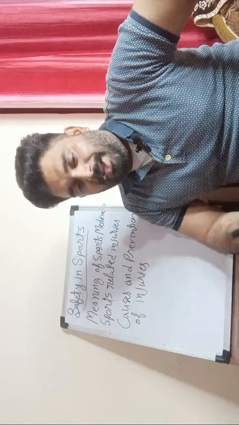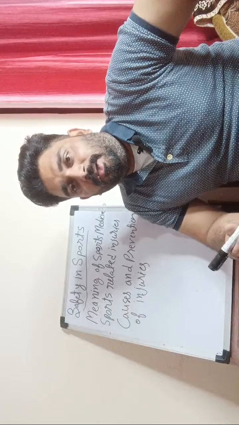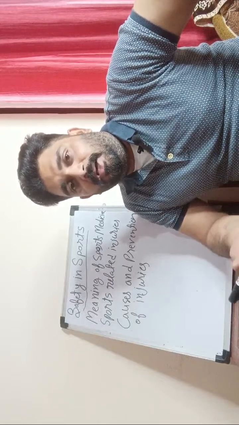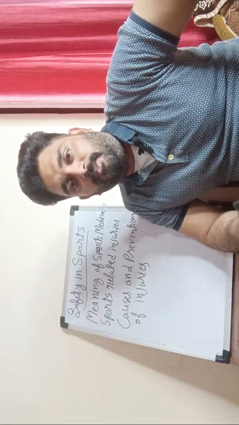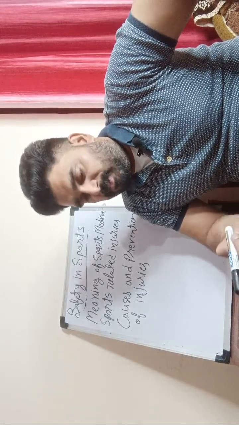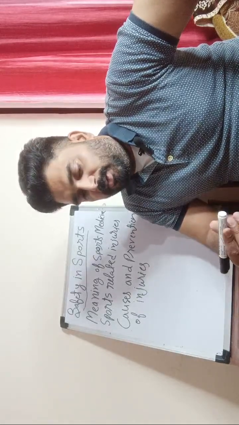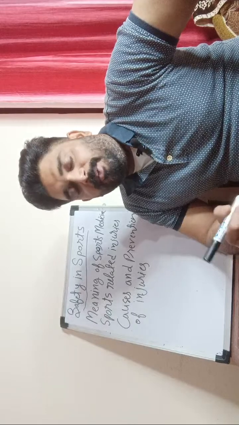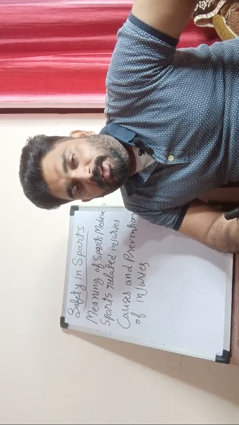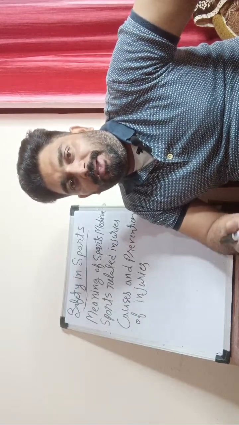So whenever any kind of injury is there, behind that injury there is a long story. So what is the long story? Whenever we meet with an accident or injury, it does not happen immediately.